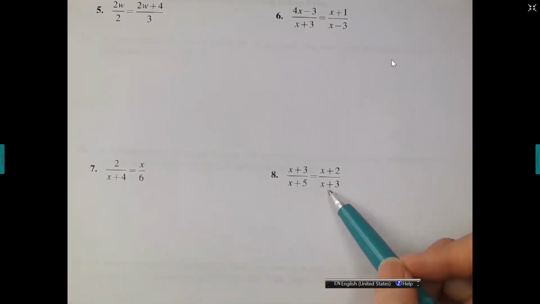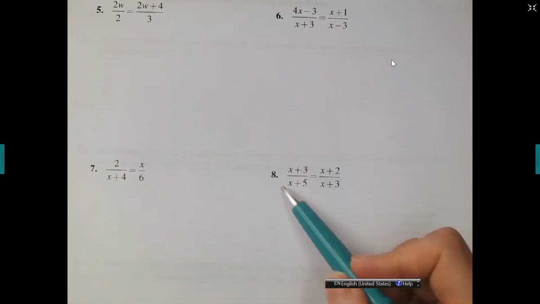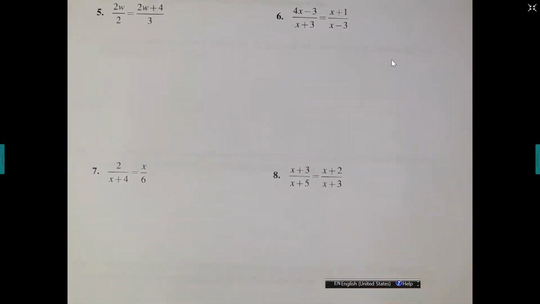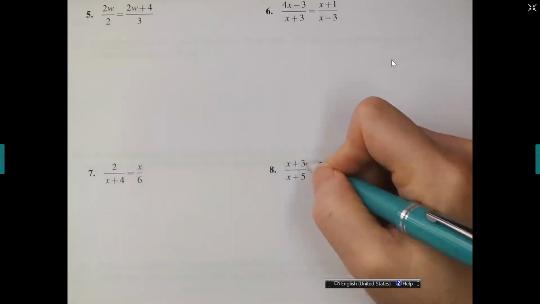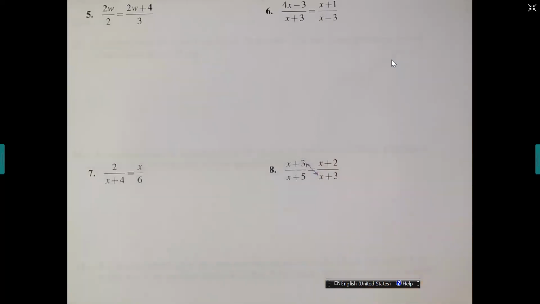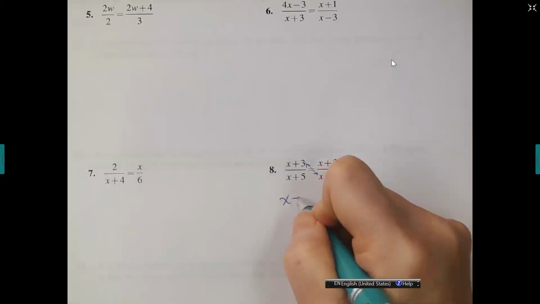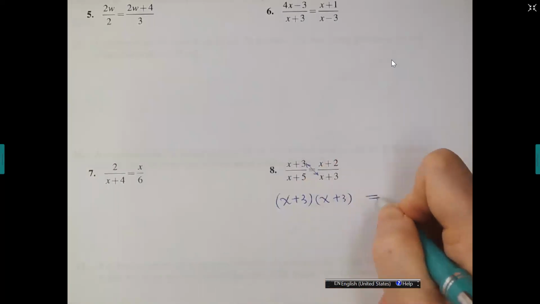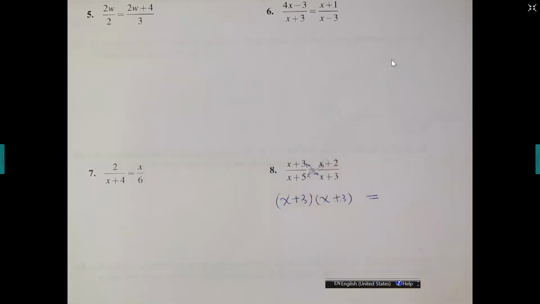That is a proportion. Just one term here, one term here. They're equivalent. So forget about the LCD. I can just multiply those two terms. It turns into x plus 3 times another x plus 3 equals the cross multiply, x plus 5 times x plus 2.